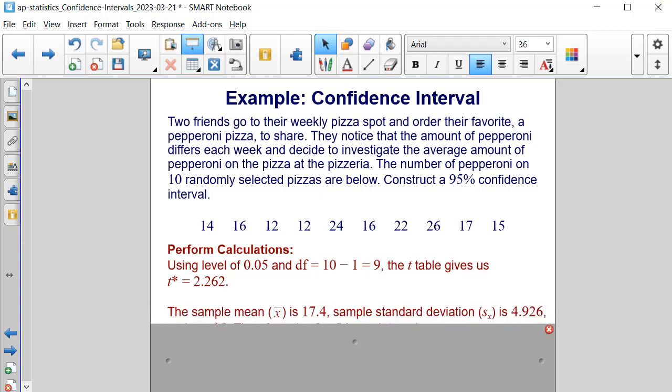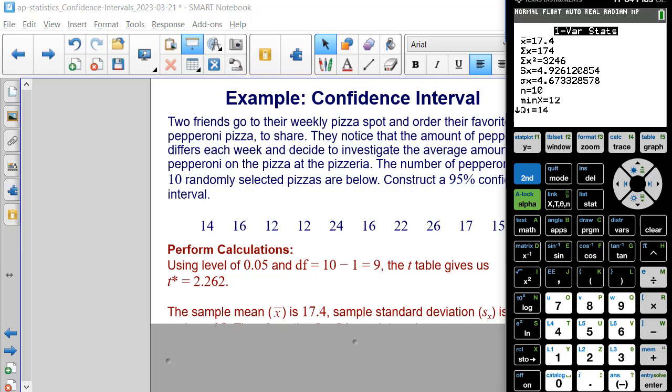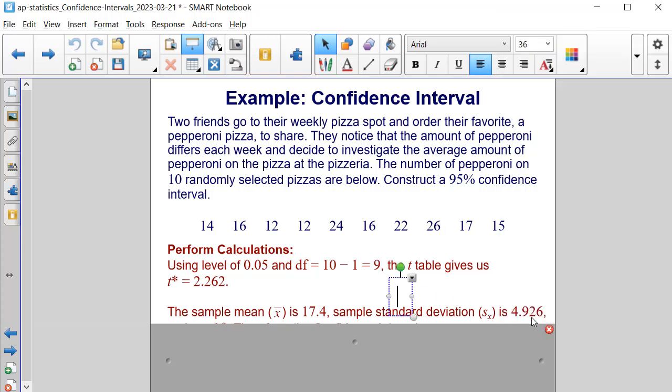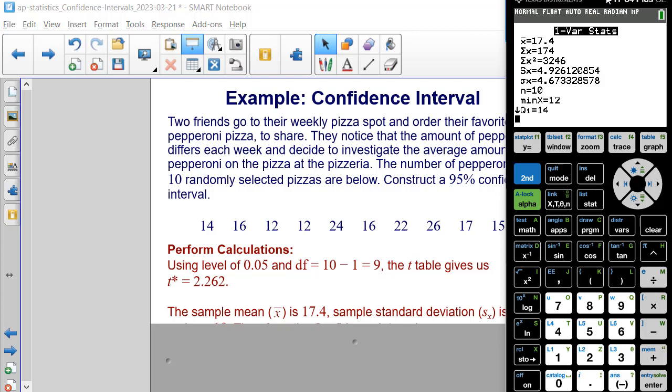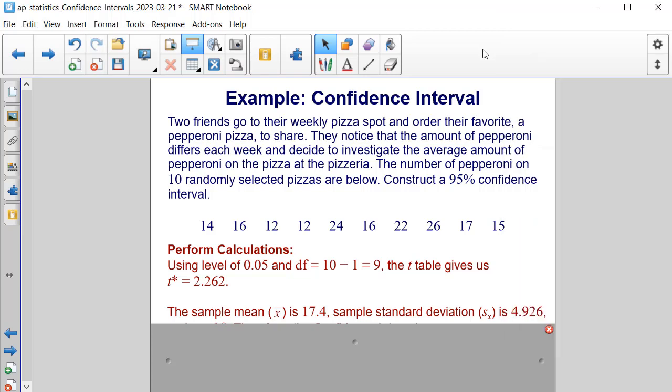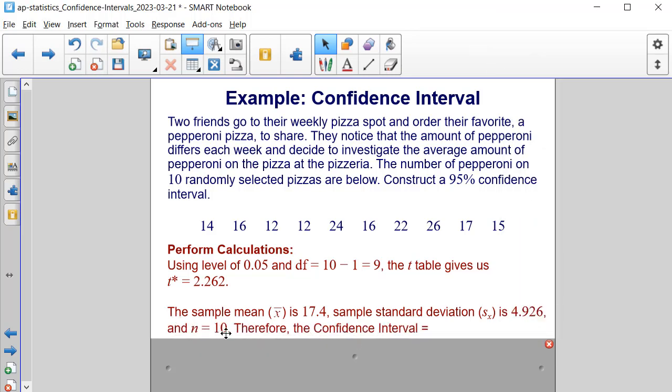And the standard deviation that we're also told here is the Sx, that is the standard deviation. So it's 4 and about 926 thousandths. And we know that our n value is 10.